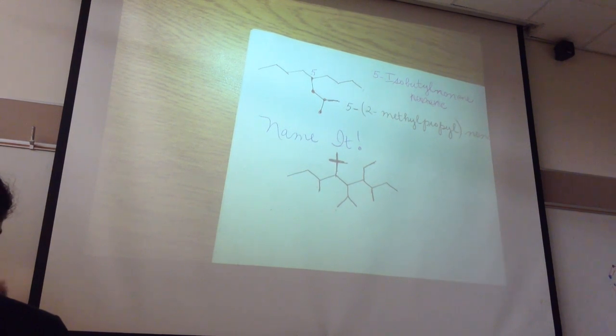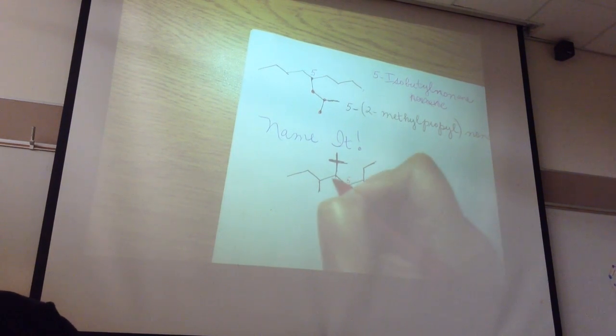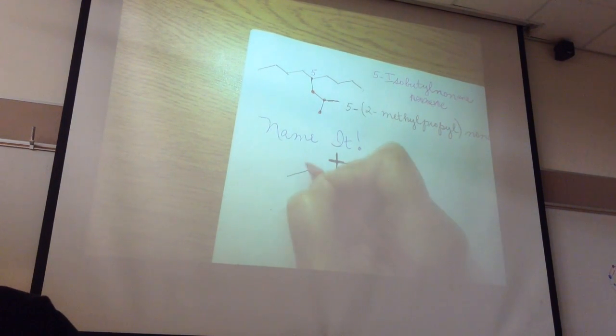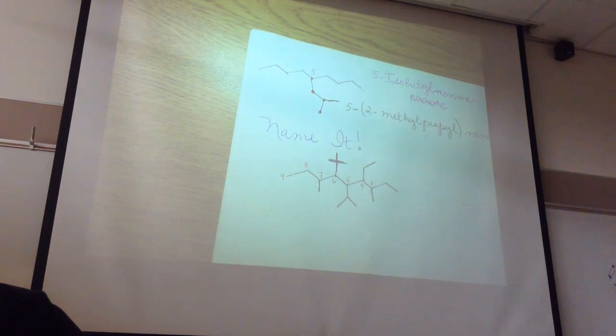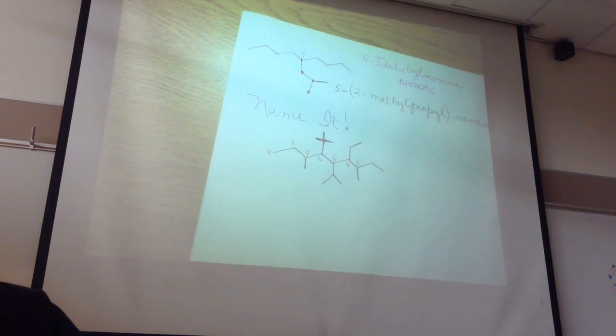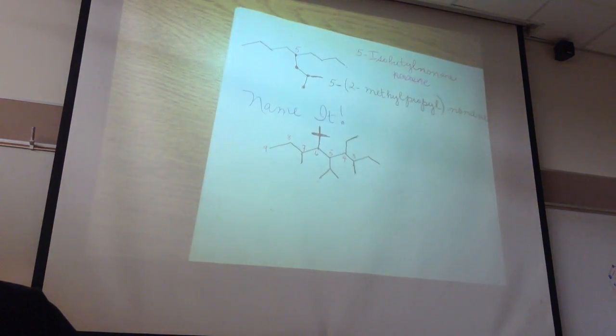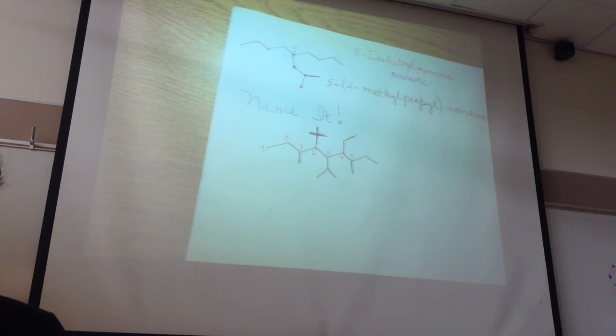So I'm going to start from the right just because life is going to be easier. 1, 2, 3, 4, 5, 6, 7, 8, and 9. It's a good idea while you're learning to take the numbers and look at the substituents. I'm going to be quite systematic.